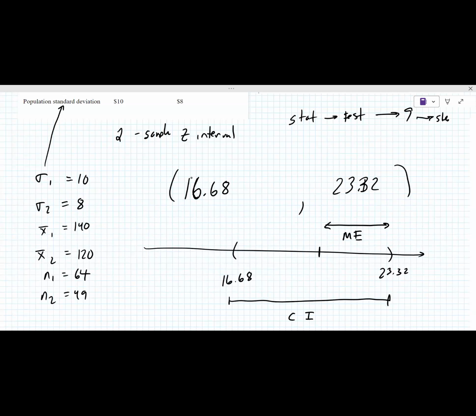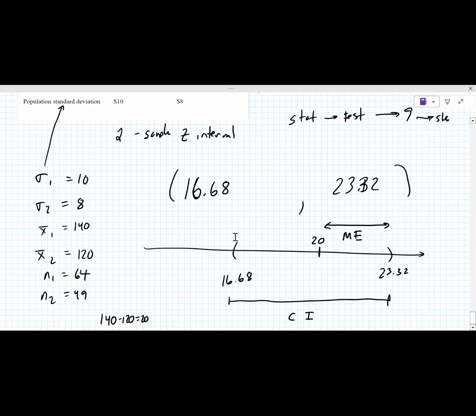Okay. So there's a couple of ways to find it. You can find the width of the confidence interval and then slice it in half, or you can use the fact that the difference in the means is 20. That's 140 minus 120. To figure out your center value and then just get the distance from there. Is that clear or not? Yes. Okay. Because you can't get it directly using your calculator.